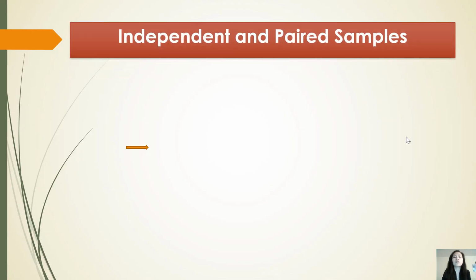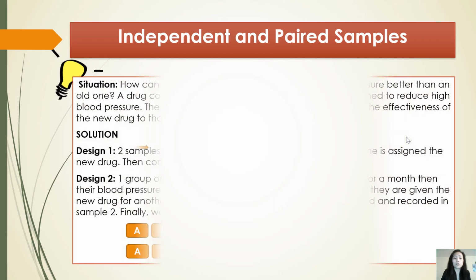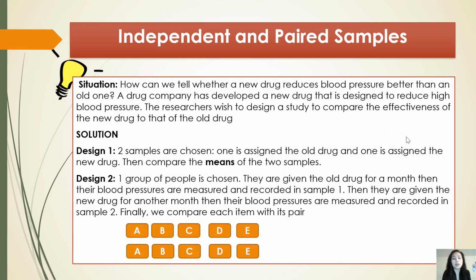Alright, so first of all, how to tell whether two samples are independent or paired samples. Let's go over this situation. How can we tell whether a new drug reduces blood pressure better than an old one? A drug company has developed a new drug that is designed to reduce high blood pressure.